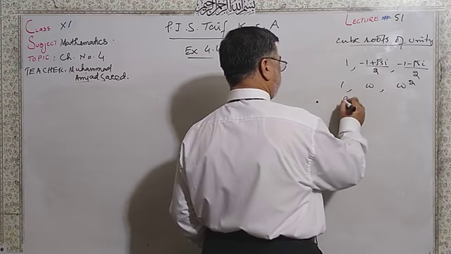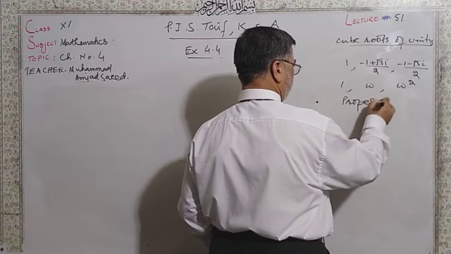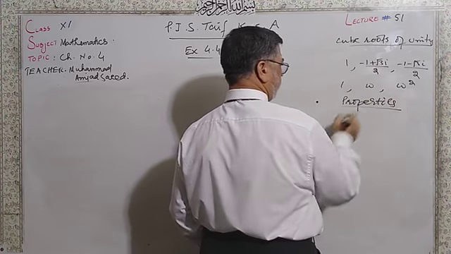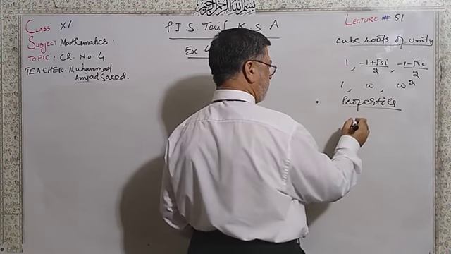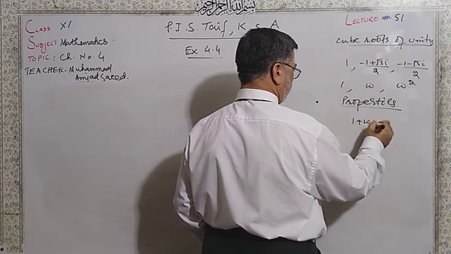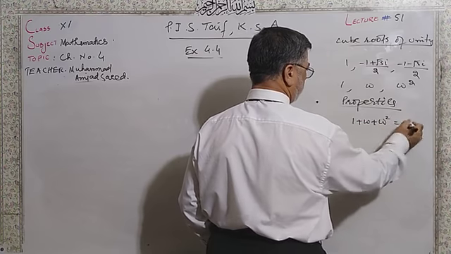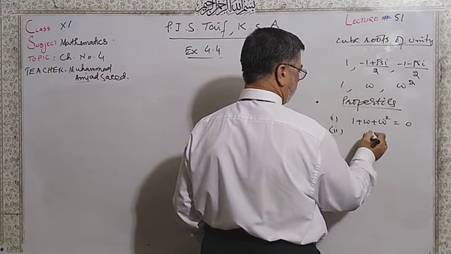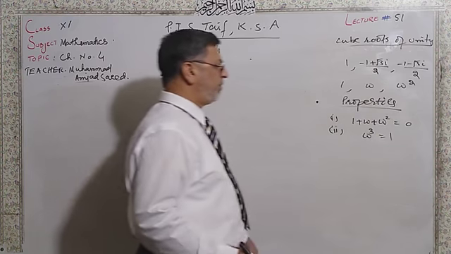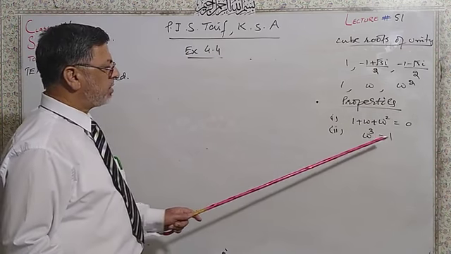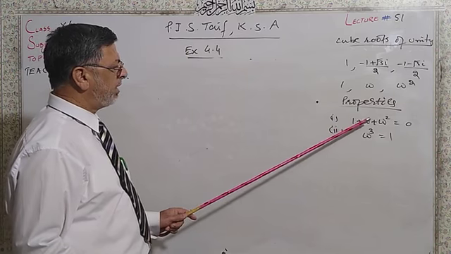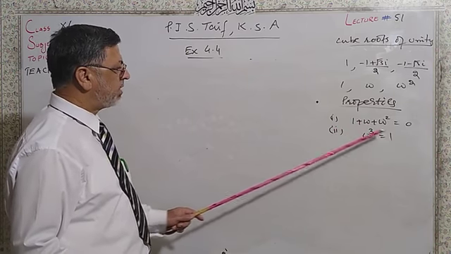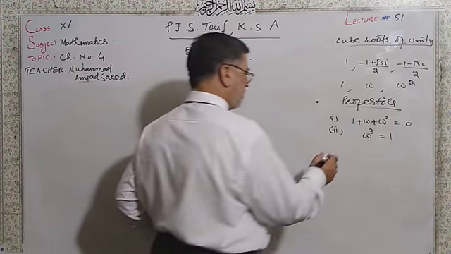And the properties of cube roots of unity are: number 1, 1 plus omega plus omega square is equal to 0. Number 2, the product of cube roots of unity is 1 into omega into omega square, that is omega cube, equal to 1.